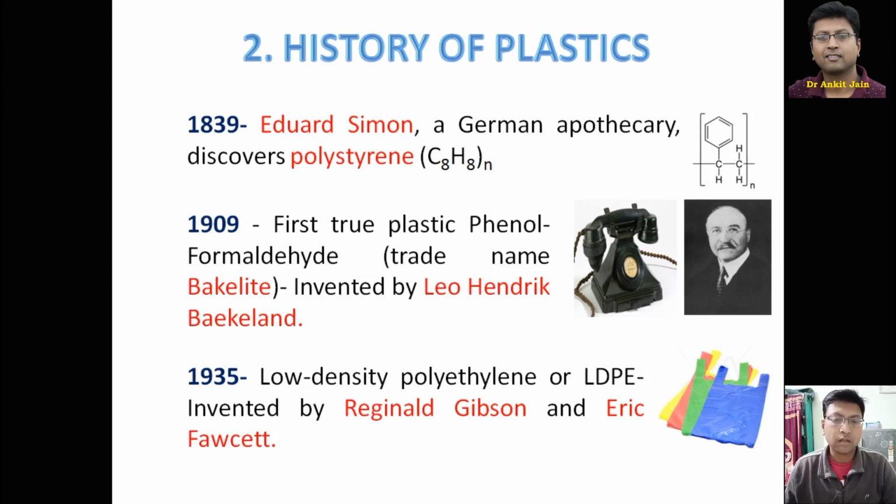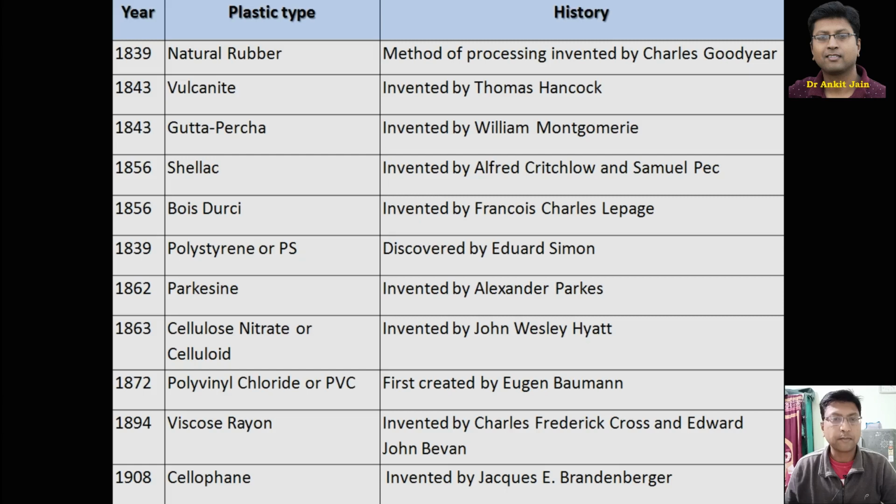The scientists Reginald Gibson and Eric Fawcett were doing a high pressure experiment on ethylene, and what they observed the next morning was that, due to leakage of the vessel, the ethylene had reacted with oxygen, and finally they got a waxy, transparent material, and this was polyethylene.